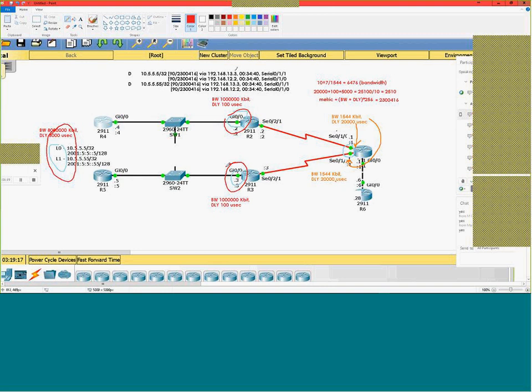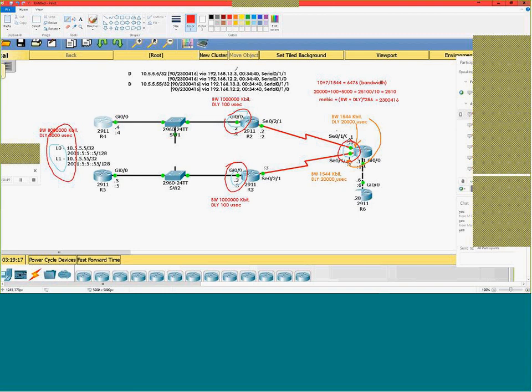So Pat's correct. I could change the bandwidth on the serial interfaces. I can make one a little bit better or make one a little bit worse. Right? There's lots of ways to do it. I could change delay values. I can increase or decrease delay values.